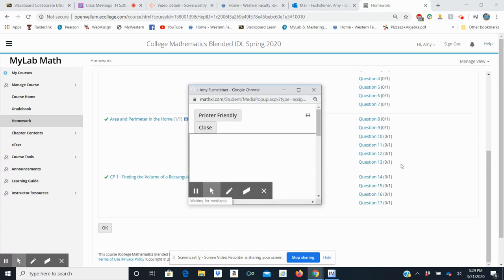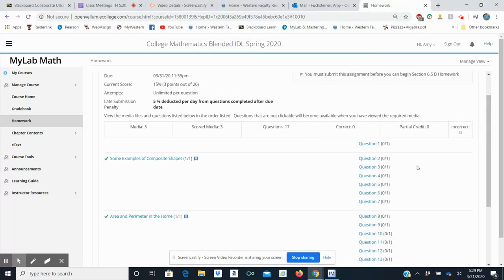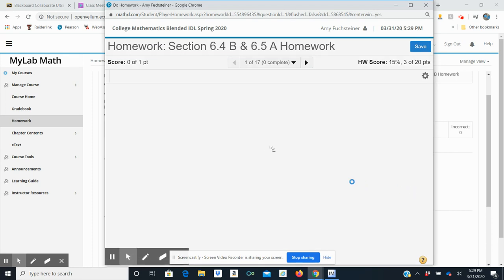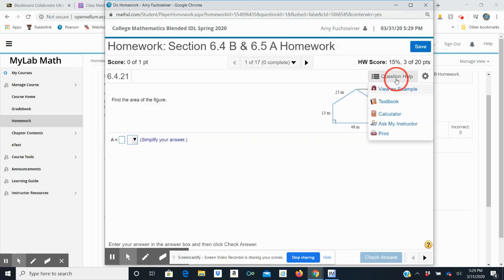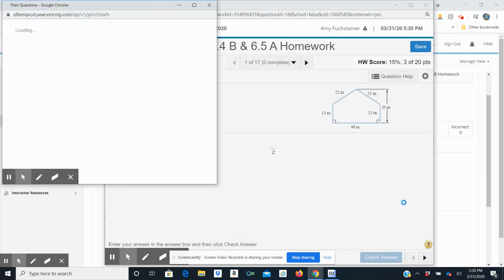Got to do this guy. I think you have to click open all of the media. Then when you click on your first question, under question help, you can go to print. Print homework assignment. Print that sucker.